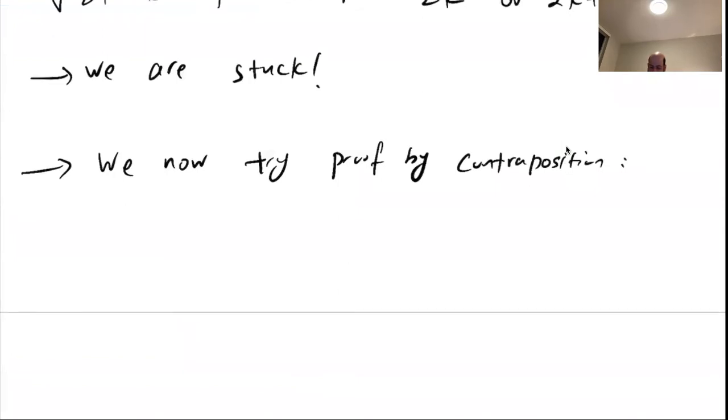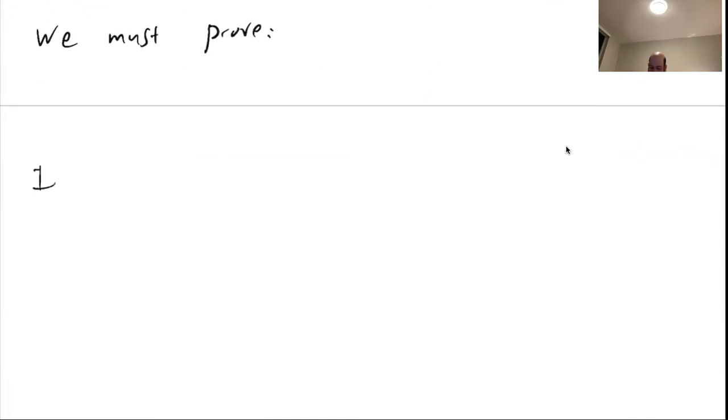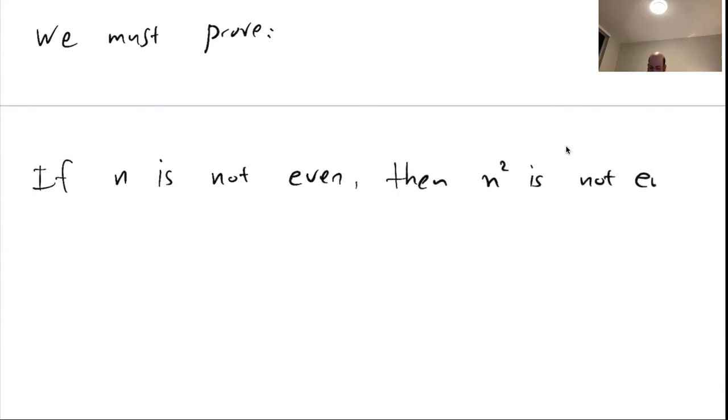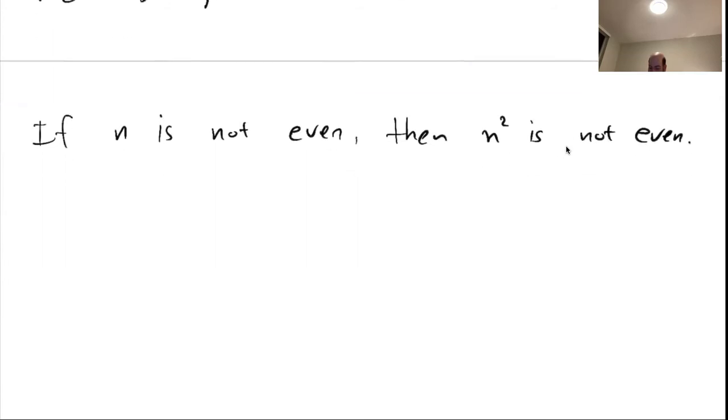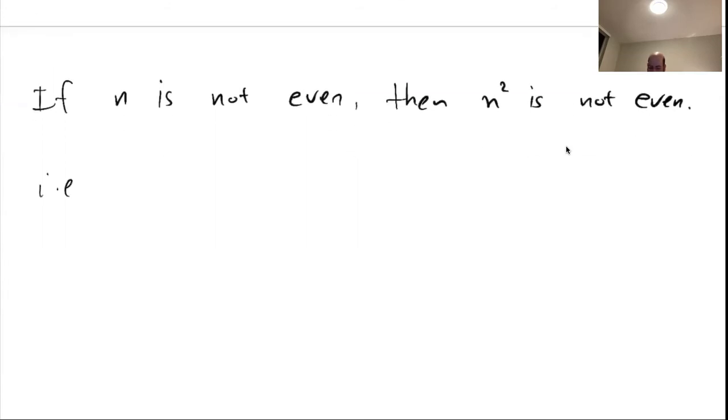So we must prove if n is not even, then n squared is not even. And what's the meaning of this? I.e., if n is odd, then n squared is odd.